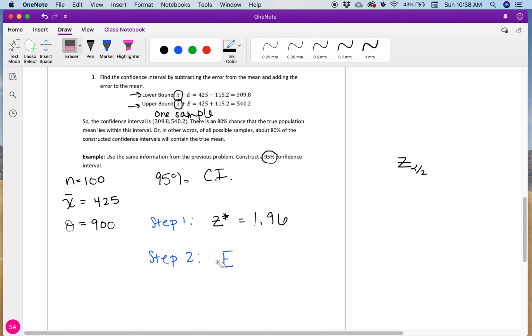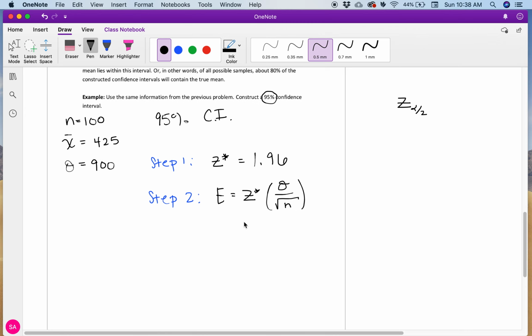Let me put that in black. So the error is your Z value, your critical value, times the population standard deviation divided by the square root of the sample size.